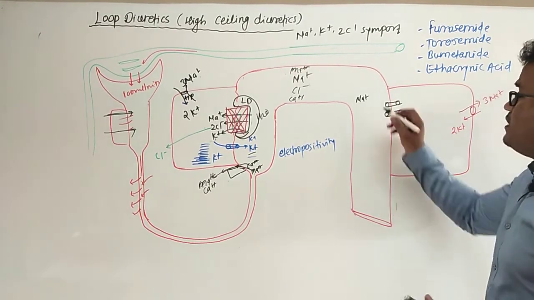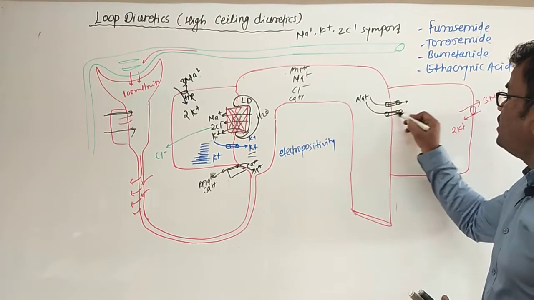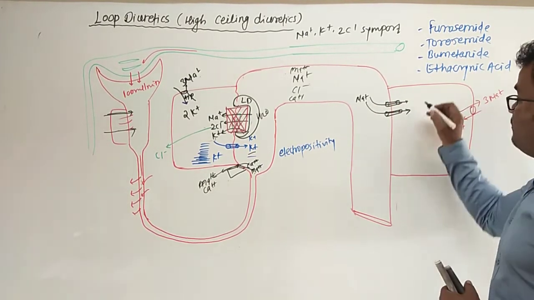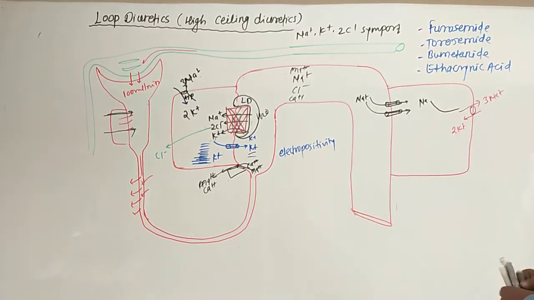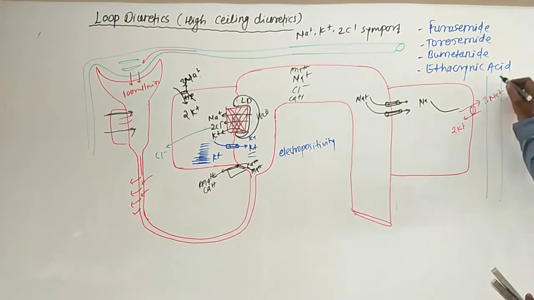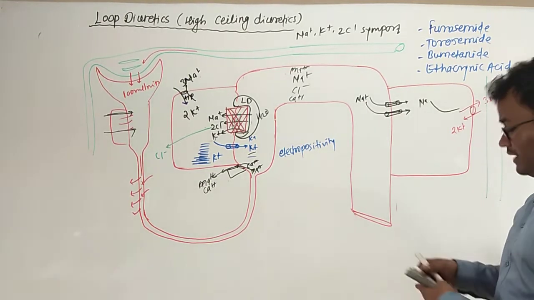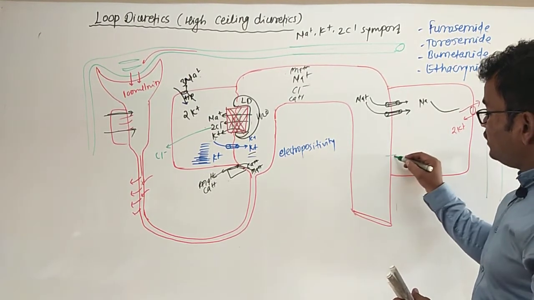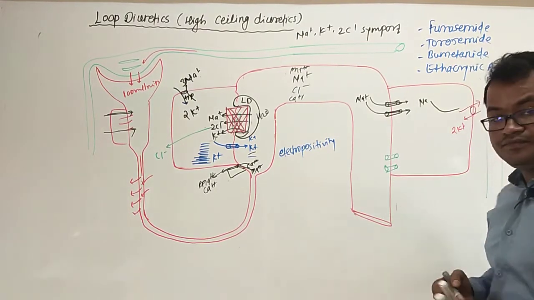Through these sodium channels, sodium from the luminal side is taken into the cells, and from the cell this sodium is transported into the blood, the peritubular capillary network. From the blood, potassium is taken back into the cells, and in the luminal side there are special channels called potassium channels.